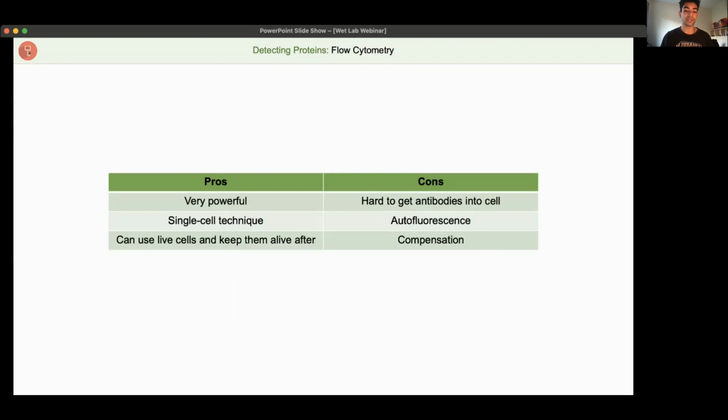And that's called compensation. And it's quite hard to do manually. So good flow cytometers do it automatically, but it takes a bit of time and fiddling to get it right. But if there's any mistake in the compensation, your results can't be interpreted. So you have to have a really good technician to help you do your experiment to make it worthwhile. So if they haven't mentioned compensation in their paper, don't trust it.